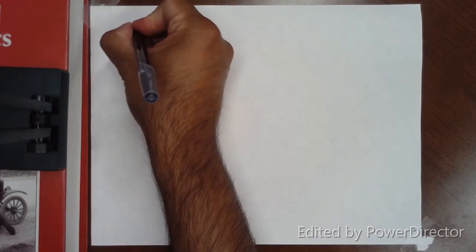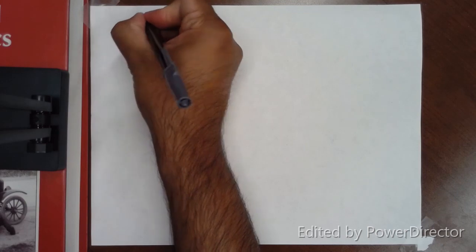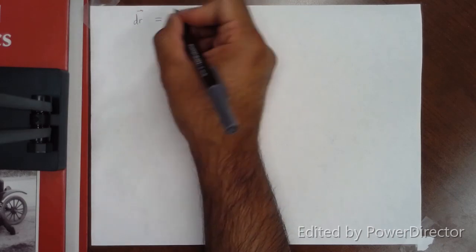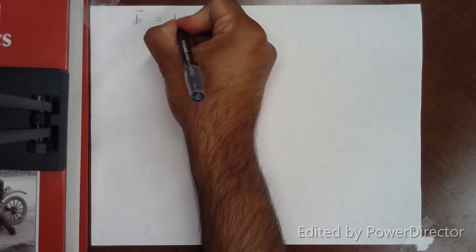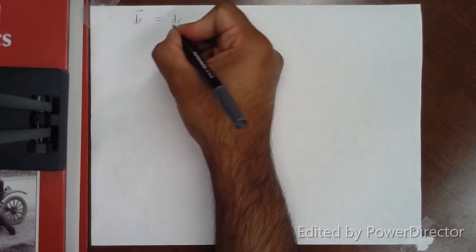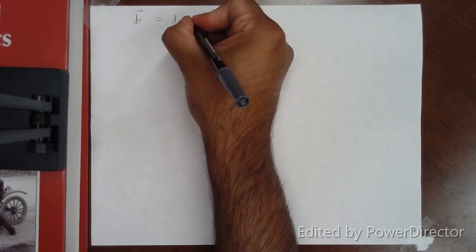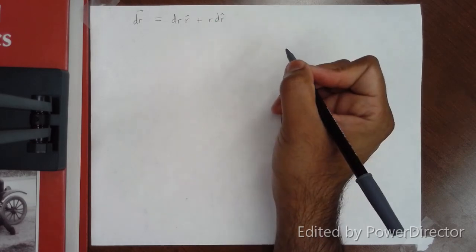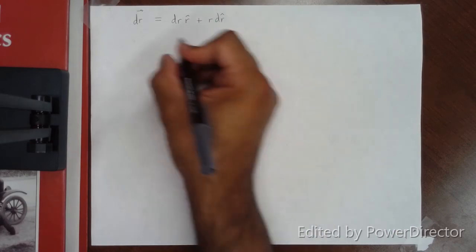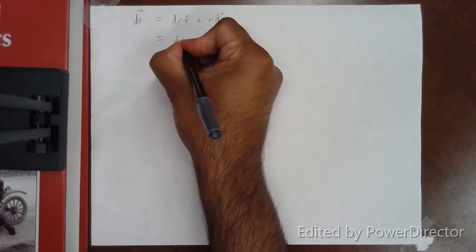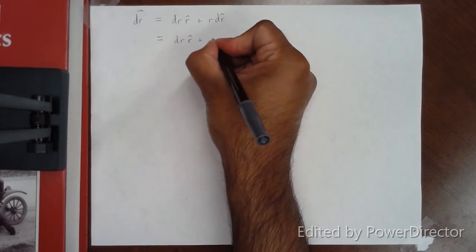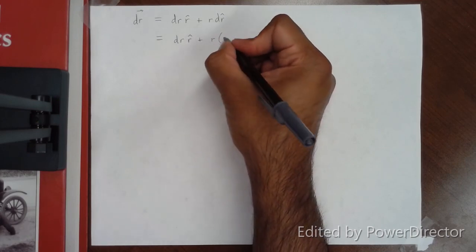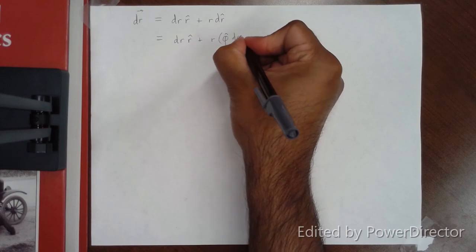So returning to the infinitesimal change in the position vector, we said that dr vector would be change in the r coordinate times r hat plus r times the change in the unit vector r hat. Using the result we just got, we can replace dr hat with phi hat times d phi.